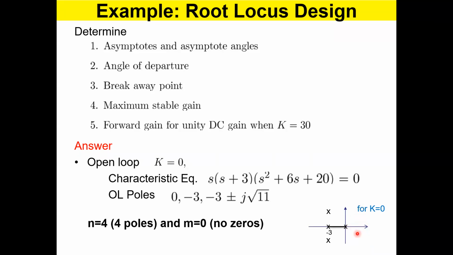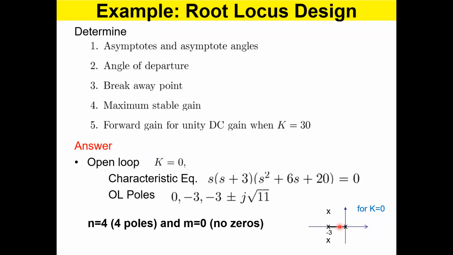Root locus can be above or below the real axis, but not on the real axis, right? Up to this point. And then when I cross over to the negative side, I am to the left of one pole. One is an odd number. So I'm to the left of an odd number of poles or zeros together, right? Here we don't have zeros, it's all poles.